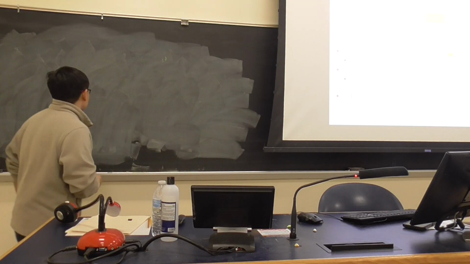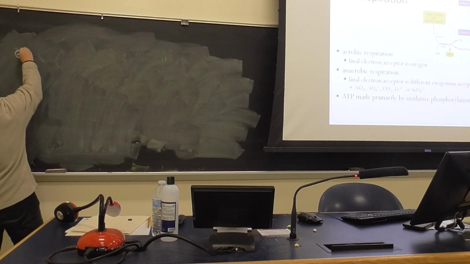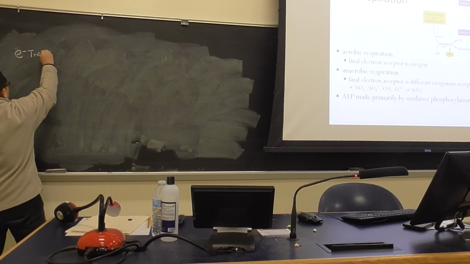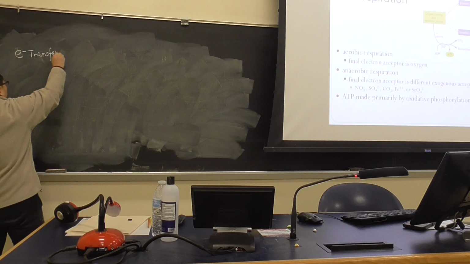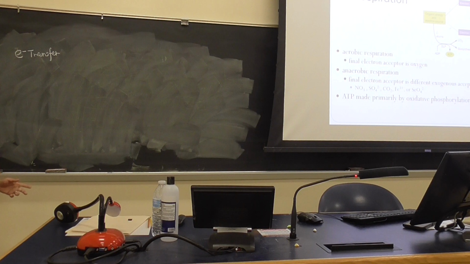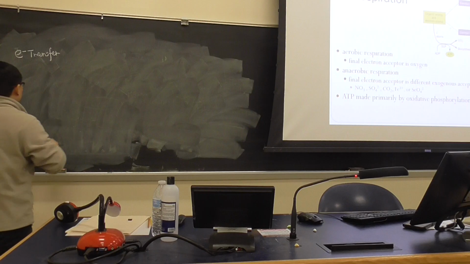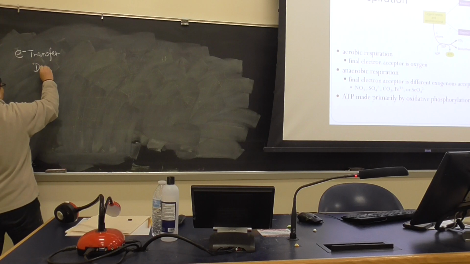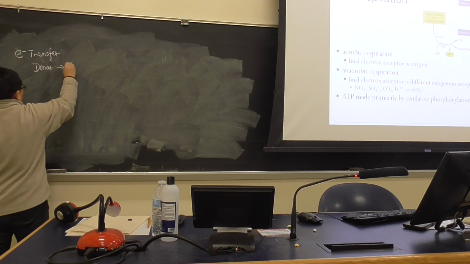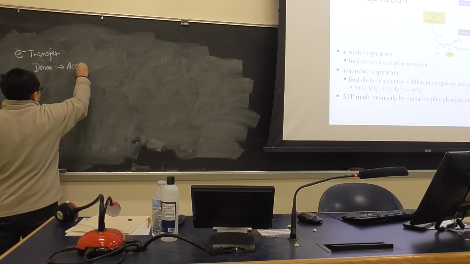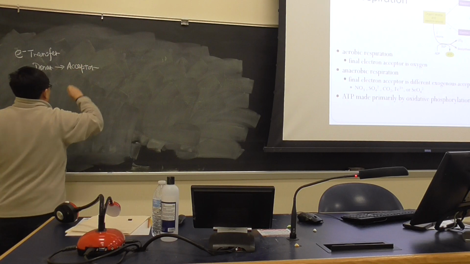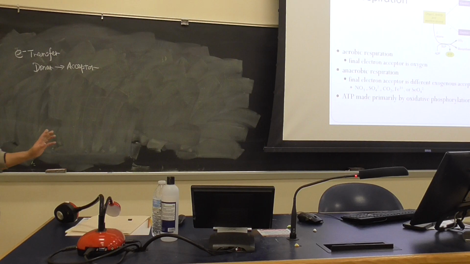Okay, so what does this mean? Electrons will be transferred, which means energy transfer. Now, when electrons transfer, it is always from donor to acceptor. So regardless of how complicated those two slides are, we can introduce a very simple way to understand.